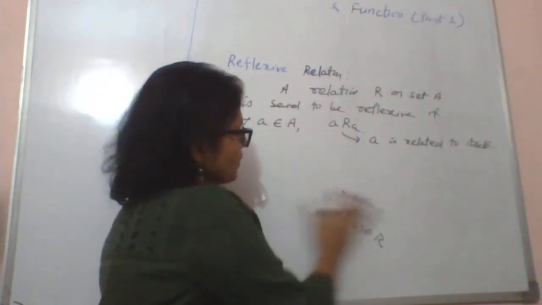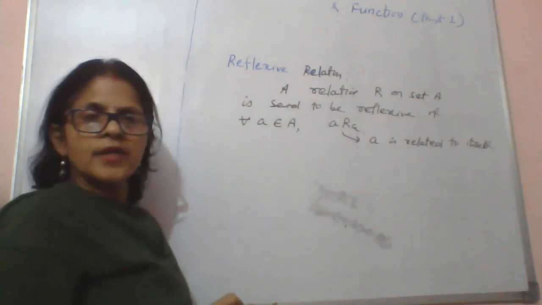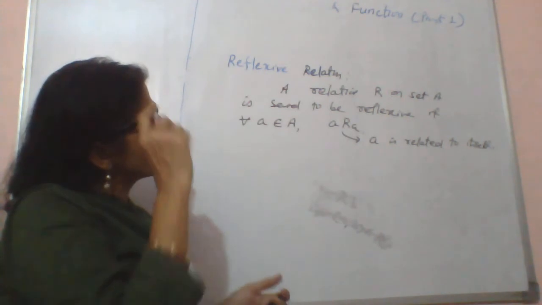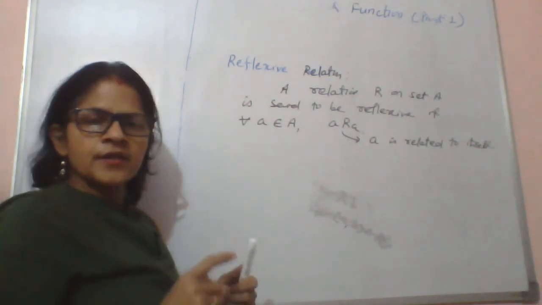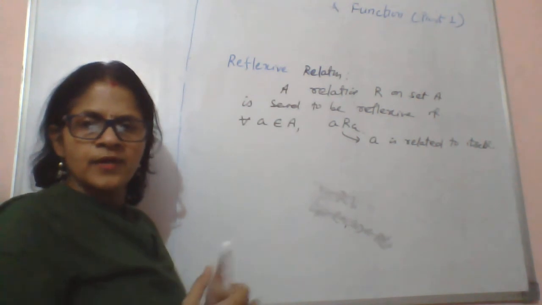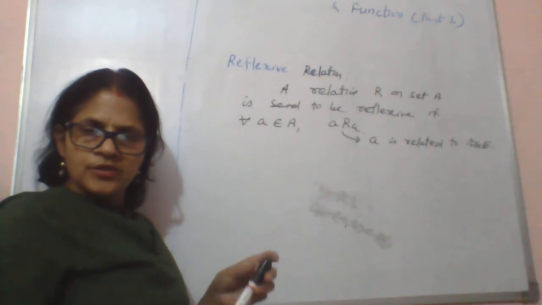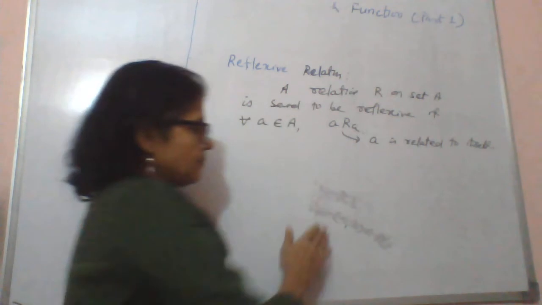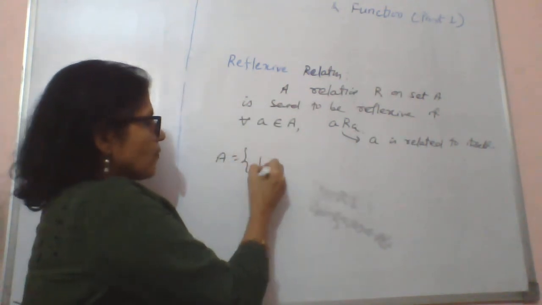So here we are defining a related to itself. Now just a few minutes back we defined identity relation. So identity relation is somewhat similar to this one. Then are identity relation and reflexive relation the same? Let me give an example. Suppose A is {1, 2, 3}.